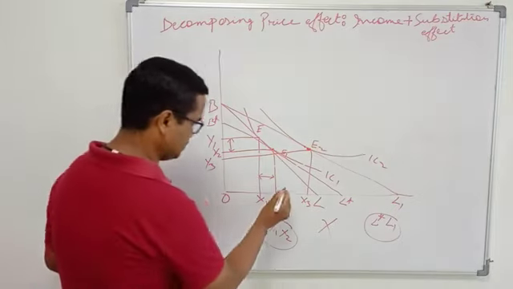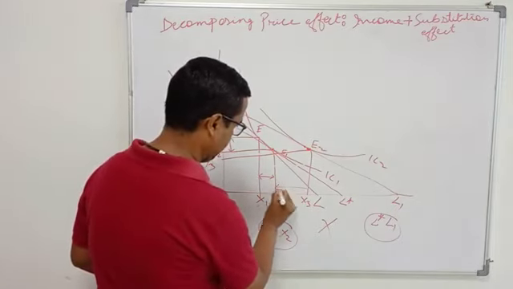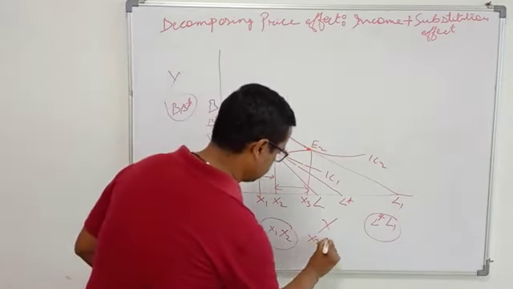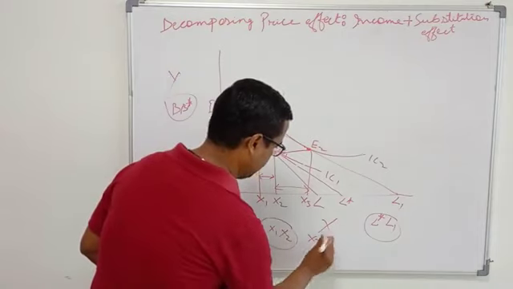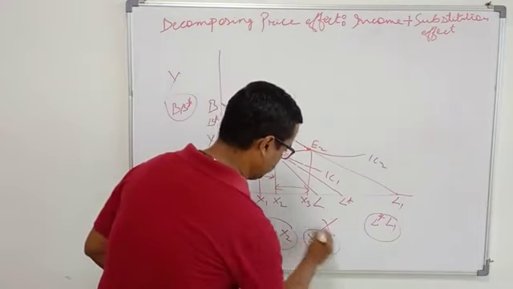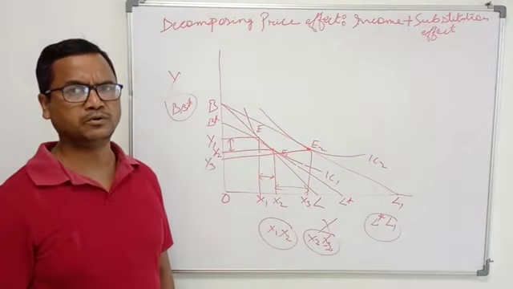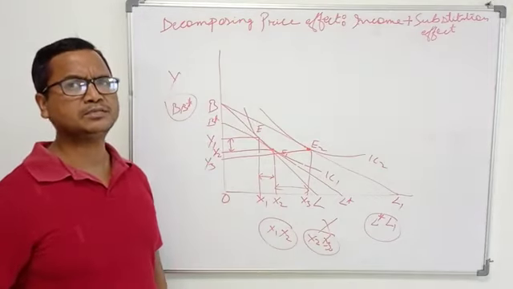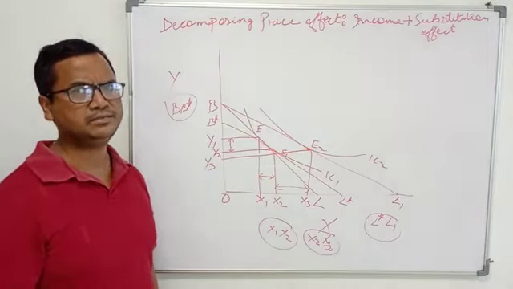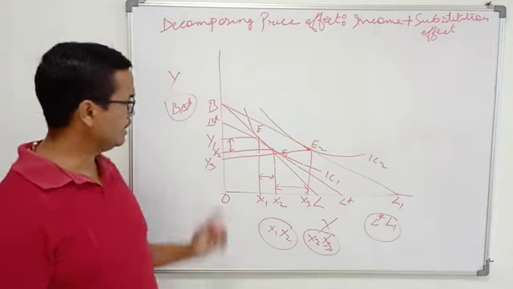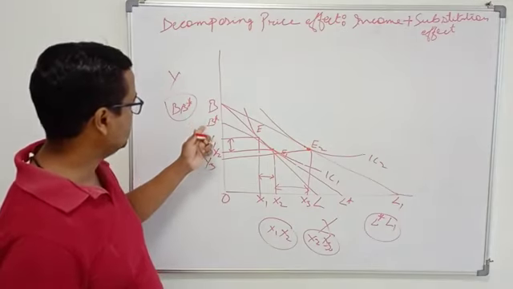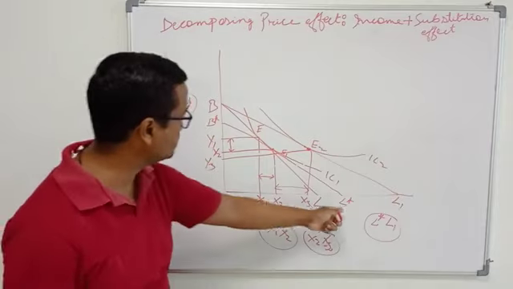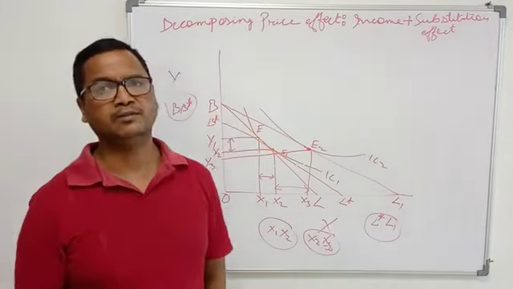As a result, the consumer is purchasing X2, X3 amount of X commodity more. Why? Because his real income has increased, represented by the shifting of the budget line from B star L star to BL1.